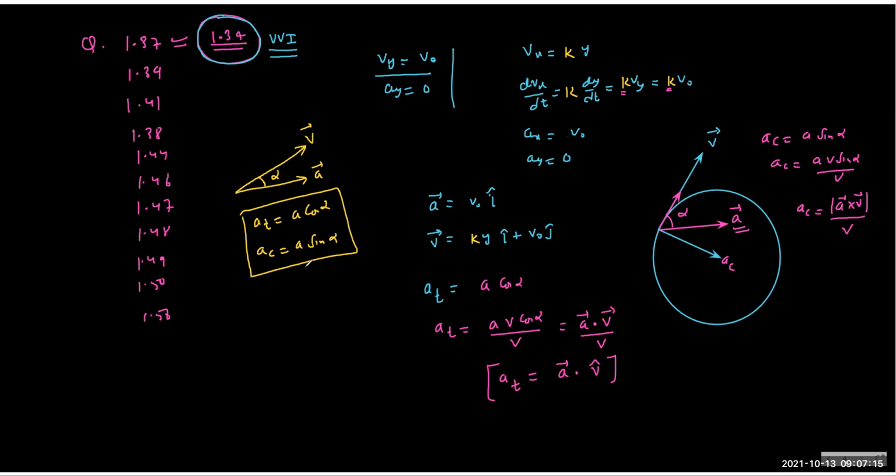I have no idea how V is, how A is, but I can say that at least they will have some angle. Even if you write in components, V will have both components X and Y, and A will have only one component X.